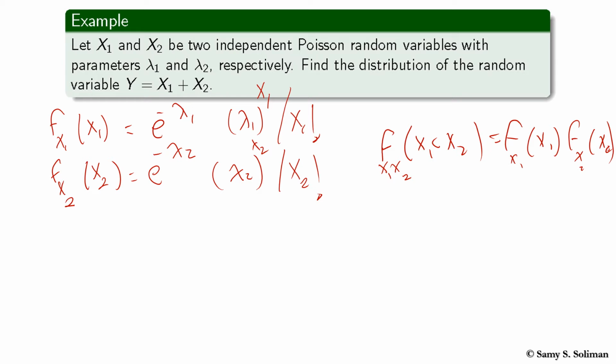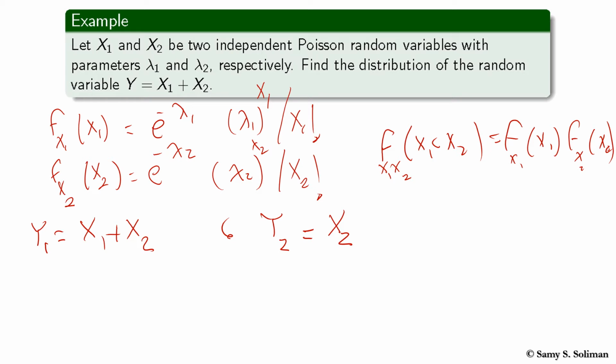In this example, since we have only y equals x1 plus x2, we can define another random variable arbitrarily. So let's assume that y1 equals x1 plus x2 is given, and let's define another random variable y2, for example equal to x2. In this case the relation is easy.